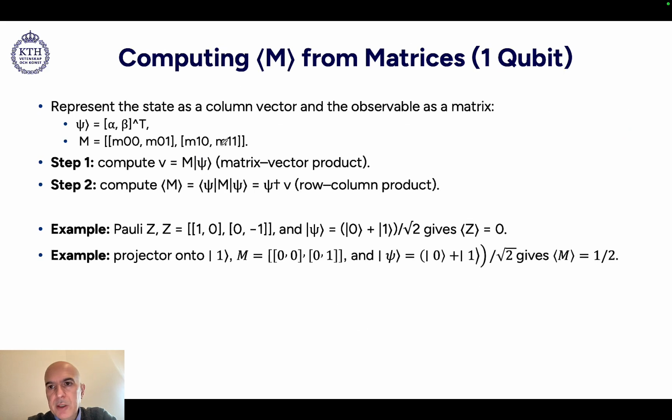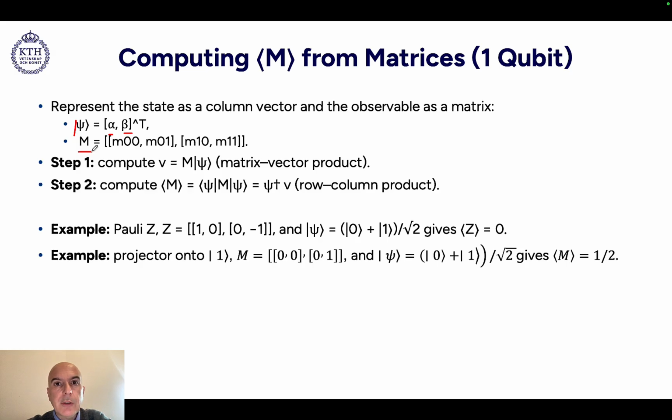In this slide, I just provide a very simple example of how to compute the expected value of M in a 1-qubit system. So we have a generic quantum state psi with amplitudes alpha and beta, and then we have a matrix representation of our observable, and this matrix also needs to be Hermitian.